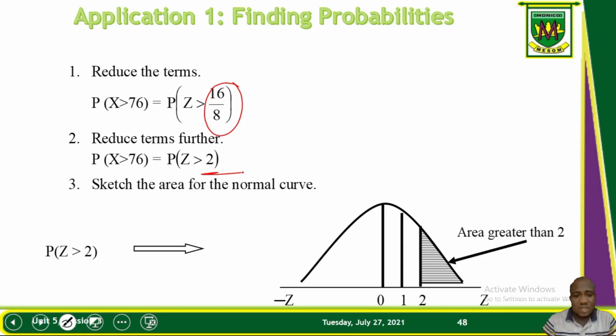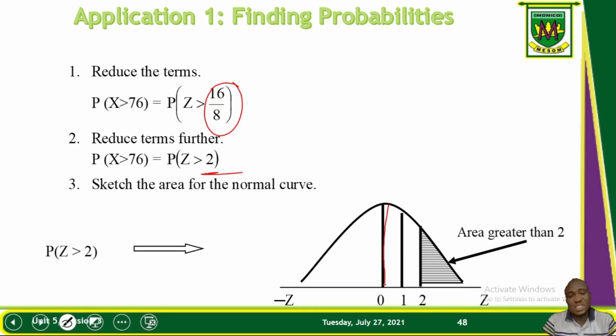So the next thing is you draw the normal distribution curve, and it should be the standardized normal distribution curve. Since we are going to convert to the standardized normal curve, we need to draw one. We are going to standardize the value because we are dealing with z-scores. As you can see here, we have our mean to be 0. You can continue with the other numbers at either side.